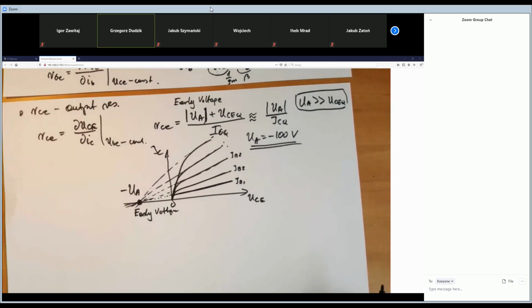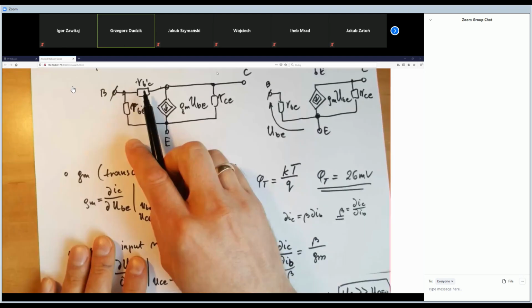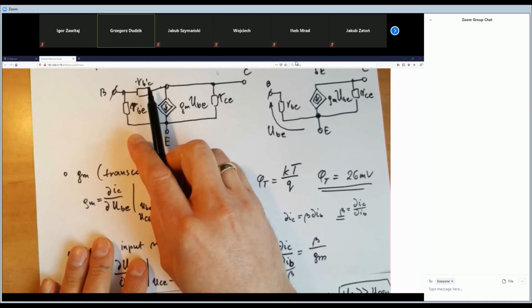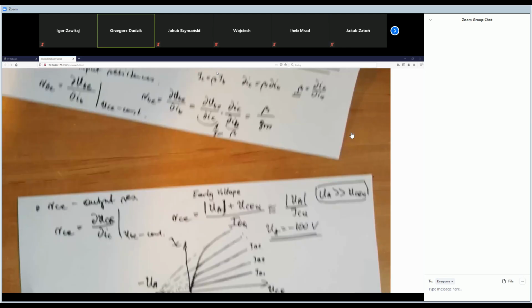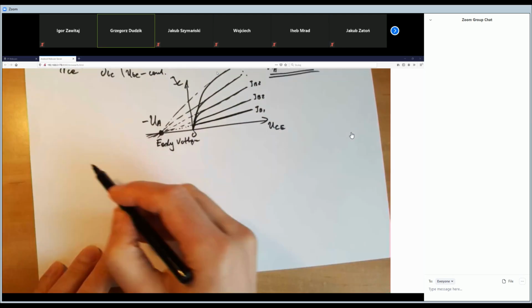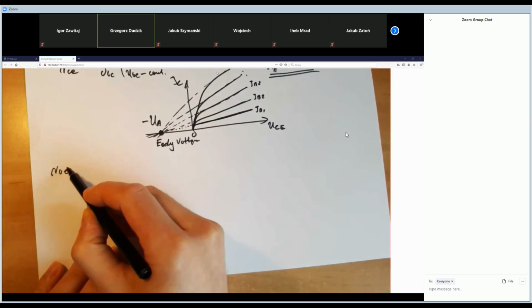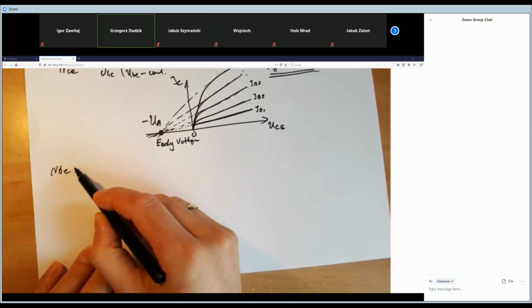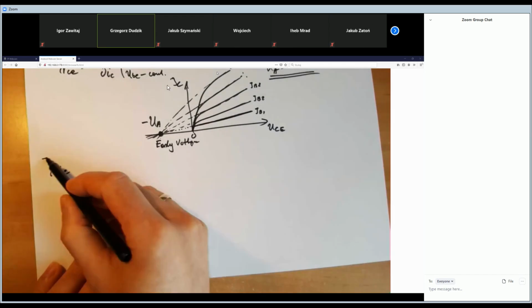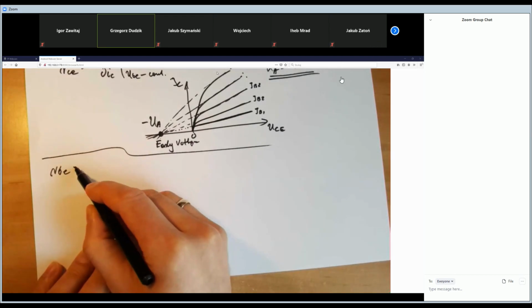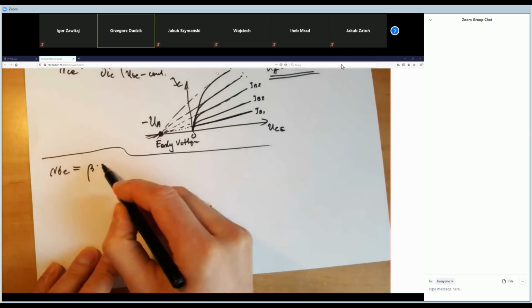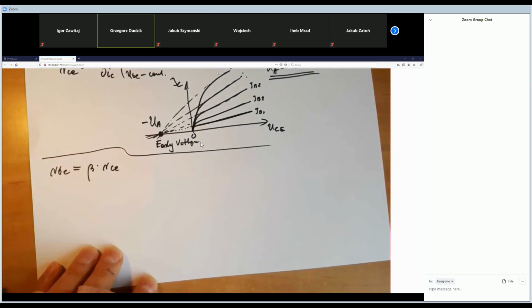Because we haven't a lot of time to talk about these RBE resistances, I can tell you very quickly that the RBE, from the calculations, from the definitions, is equal to beta times RCE.